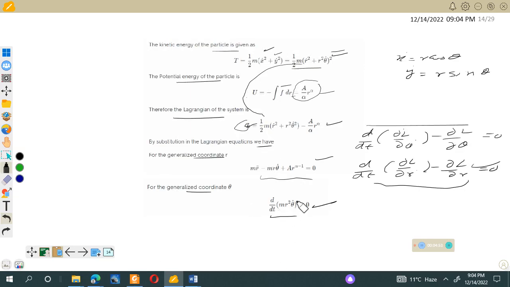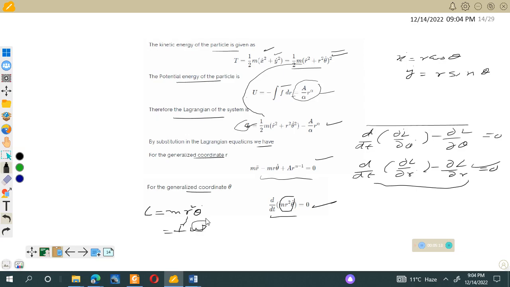the derivative of the total angular momentum is 0, d over dt. We have discussed that angular momentum is equal to m r squared theta dot, as L is equal to I omega, I is equal to m r squared and omega is equal to theta dot.